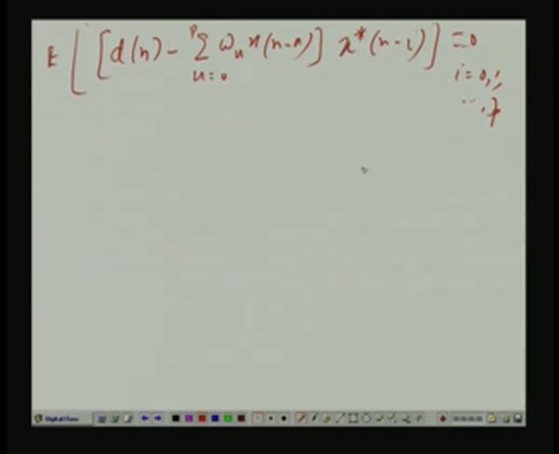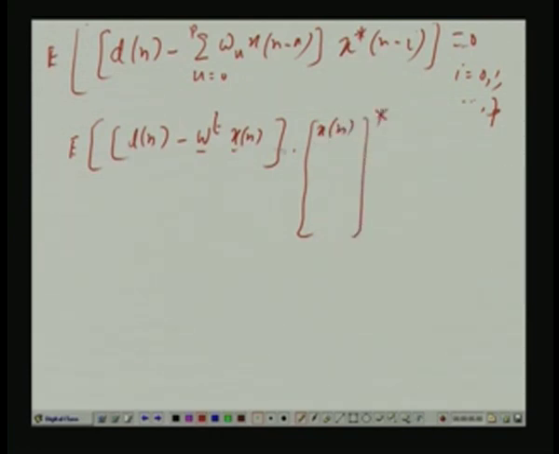What I do is generalize this: d n minus w transpose x n, where x is a column vector and w transpose is a row vector. This is just a scalar.